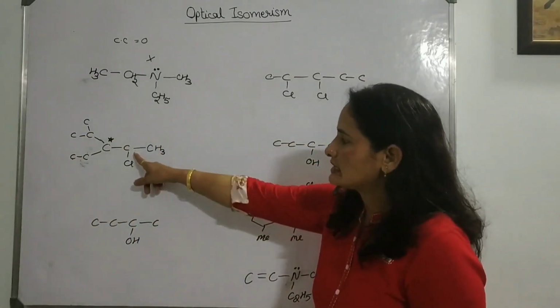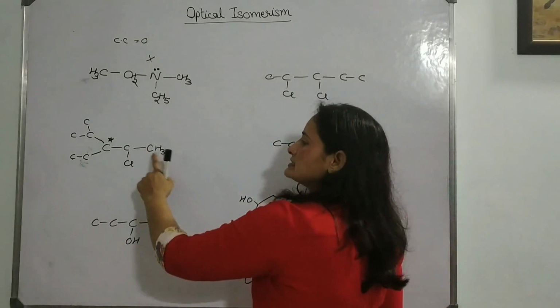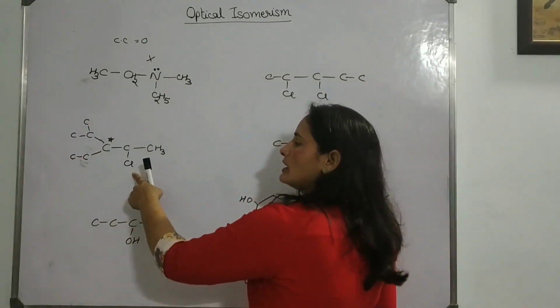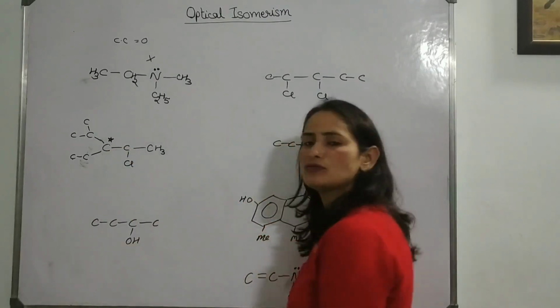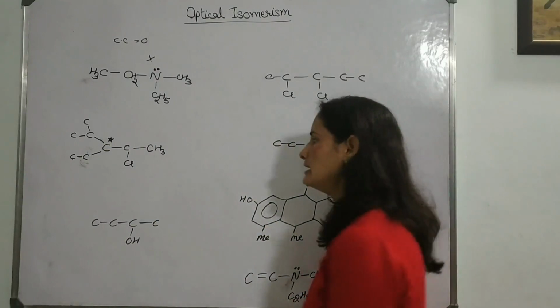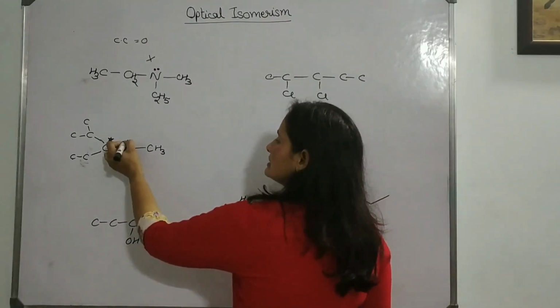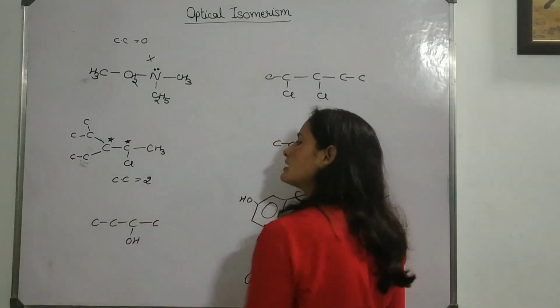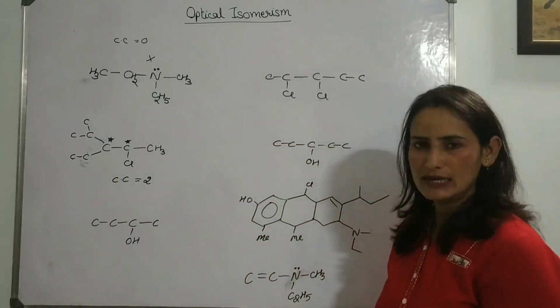Okay, now check the next carbon. This carbon is having 1 methyl, one side this complete group, 1 chloro, and definitely the fourth one will be hydrogen. If not mentioned, that is the hydrogen only. So it's going to be chiral again. So there are two chiral centers which are the carbons only. Correct?